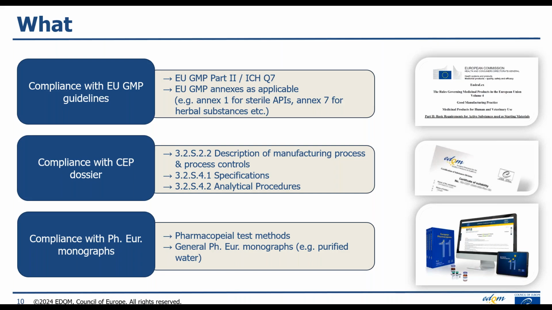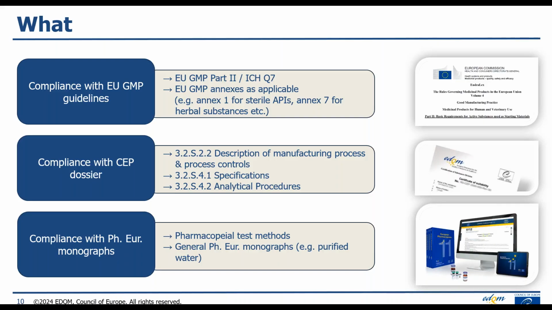The next thing we always do is to check compliance with the CEP dossier. So there tends to be one substance within scope of our inspections. So here we would verify if the operations conducted on the site are in line with the registered information in the CEP dossier.